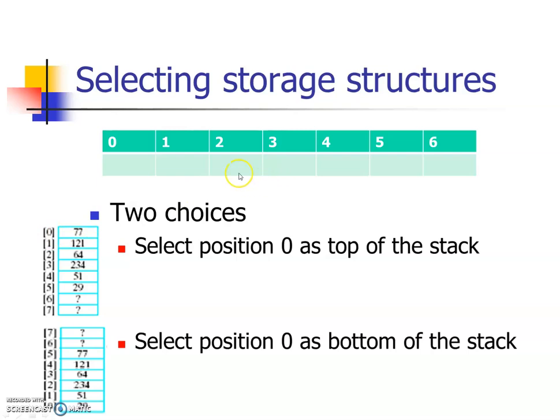Of course, there's another choice of turning this array counterclockwise, so that 0 will be at the bottom. Both of them have some advantages. However, one is better than the other one. Want to guess which one is better? The answer is the second choice, which makes 0 at the bottom.